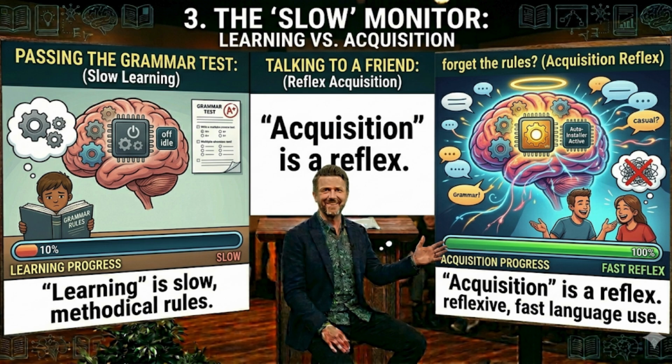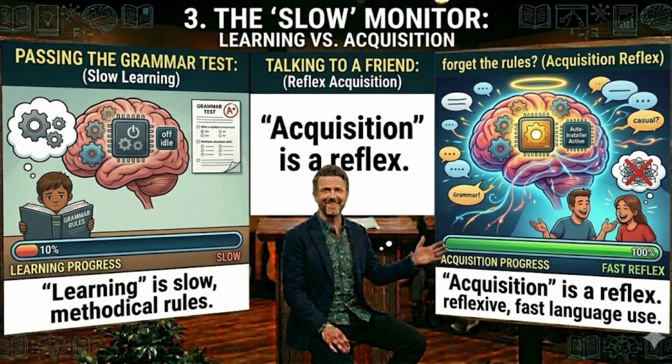Telling a sad friend, "you look healthy," might be good grammar, but it's bad social skills. Moving on to Piaget and Chomsky. Piaget thinks language is just part of being smart. Chomsky thinks language is its own special superpower, separate from everything else.